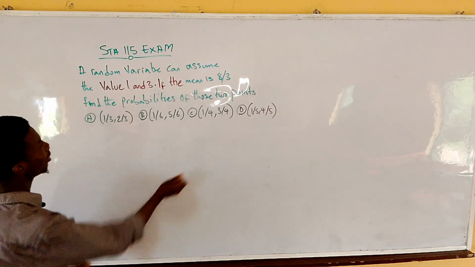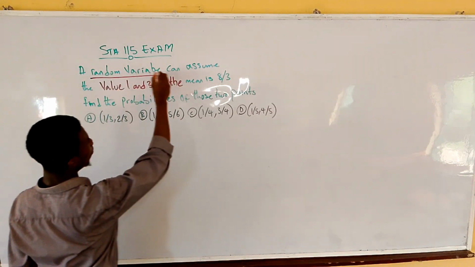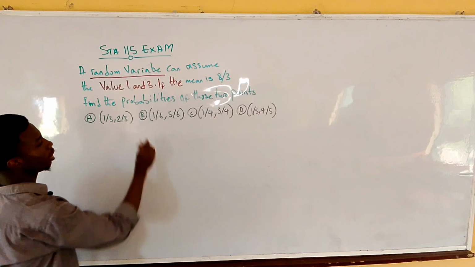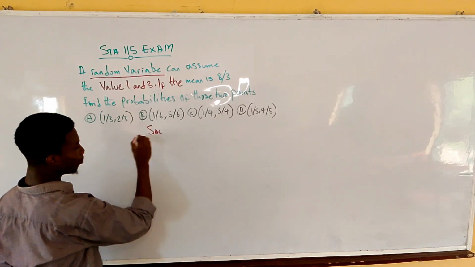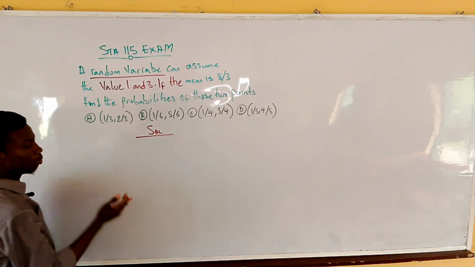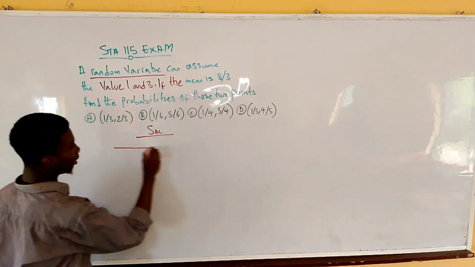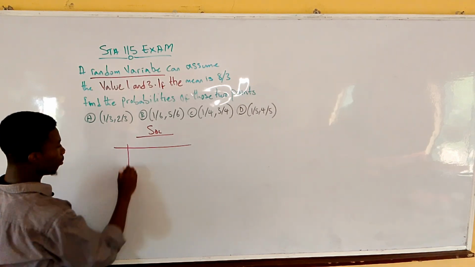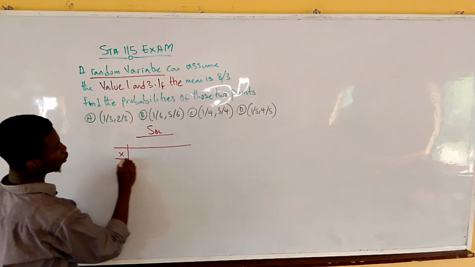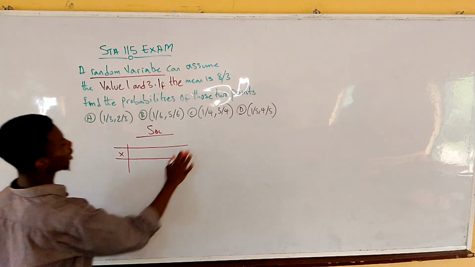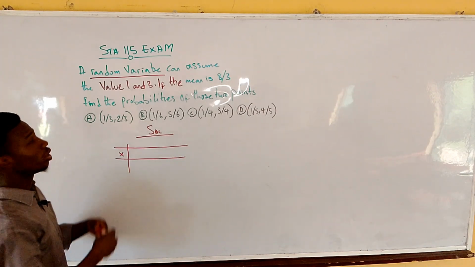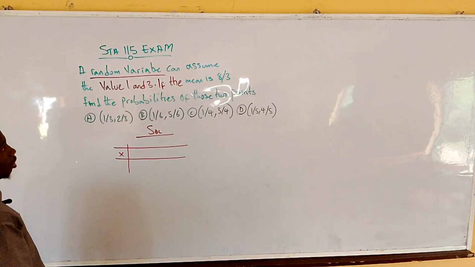A random variable can assume the value 1 and 3. First thing first, what is a random variable? If you have to solve this, a random variable is simply a function, let's say x. A random variable is a function x that assigns numerical value to the outcome of a random experiment.